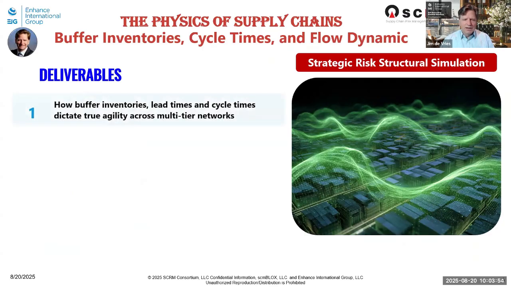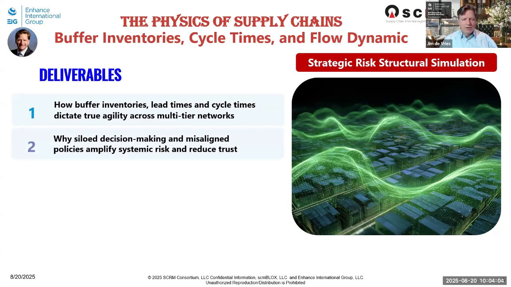So the deliverables today: how buffer inventories, lead times, and cycle times dictate true agility across a multi-tier network. Our next deliverable is why siloed decision-making and misaligned policies amplify systemic risk and reduce trust.